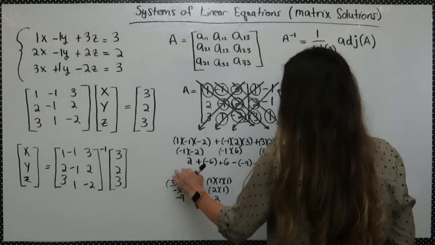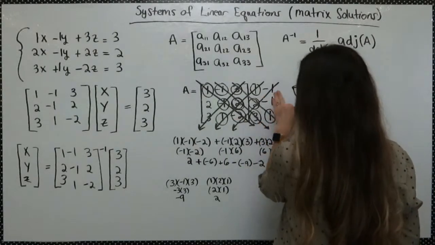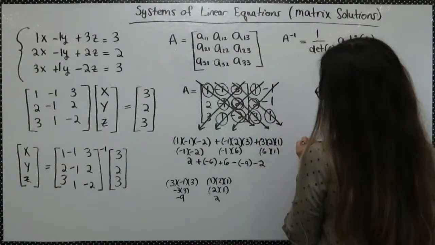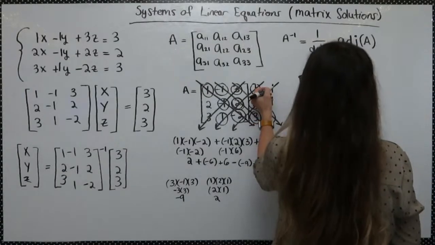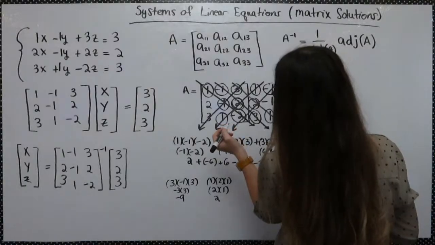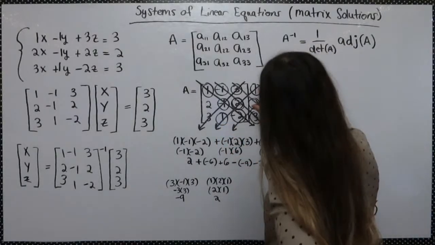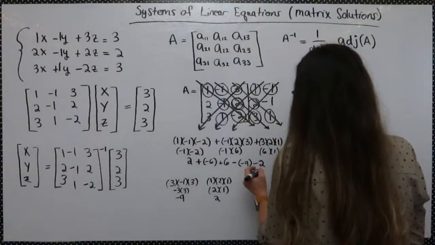Because remember, we're adding the positives and subtracting the negative diagonals. All right, so we have one more. It's this one, -1. Wait, did I do that right? Oh yeah, 1, 2, 1. So I've got -1, 2, and -2.